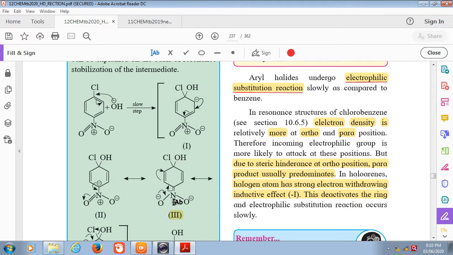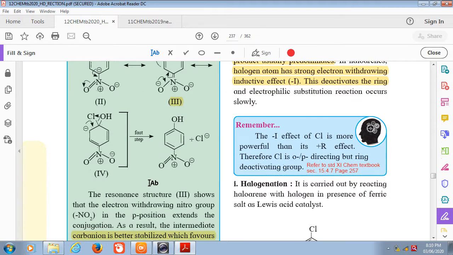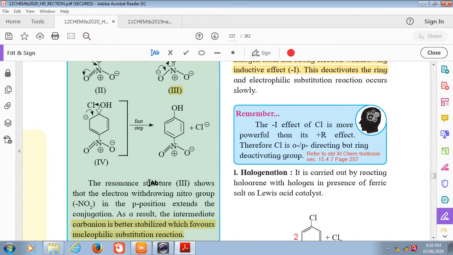So again this negative charge from oxygen is shifted to this carbon, and again it is involved in the ring. So your withdrawing group at para position as well as ortho position participates in the resonance. So due to that, reactivity of your compound increases.